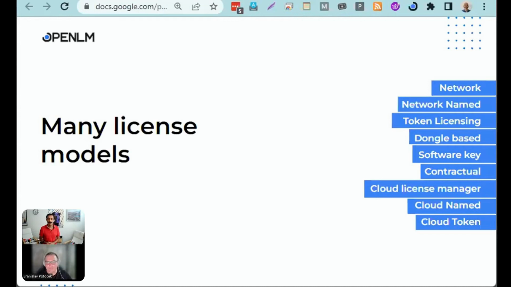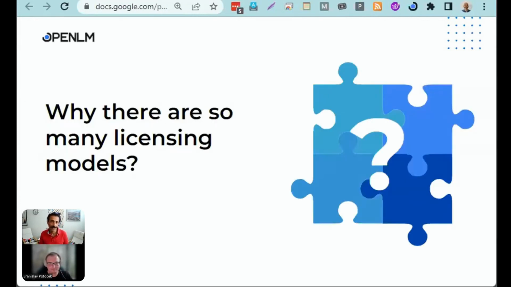So next, I would like to think with you about why there are so many license models out there. It makes sense because when the vendor is trying to position itself and offer value to the customer, it's hard to fit everyone into the same model.